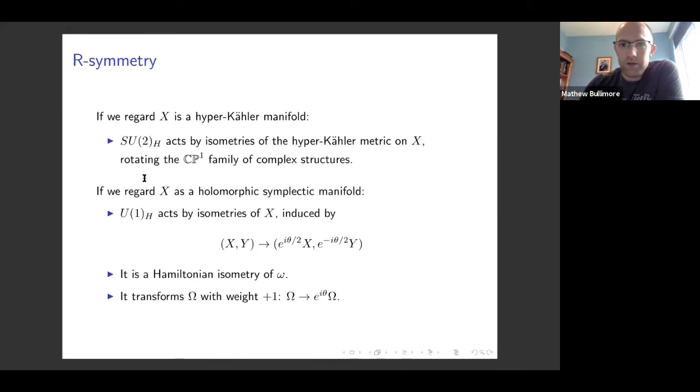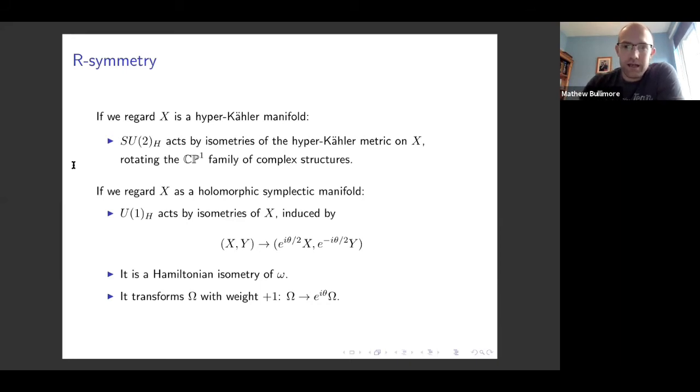The top line is for those of you that know about hyperkähler geometry. If we think about X as a hyperkähler manifold, then this SU2 Higgs R symmetry acts by isometries of the hyperkähler metric that rotate the CP1 family of complex structures.